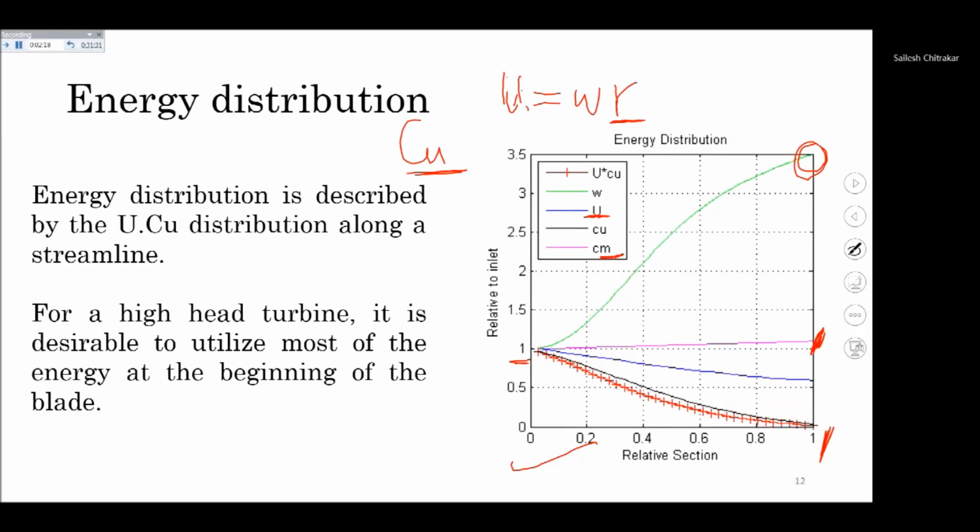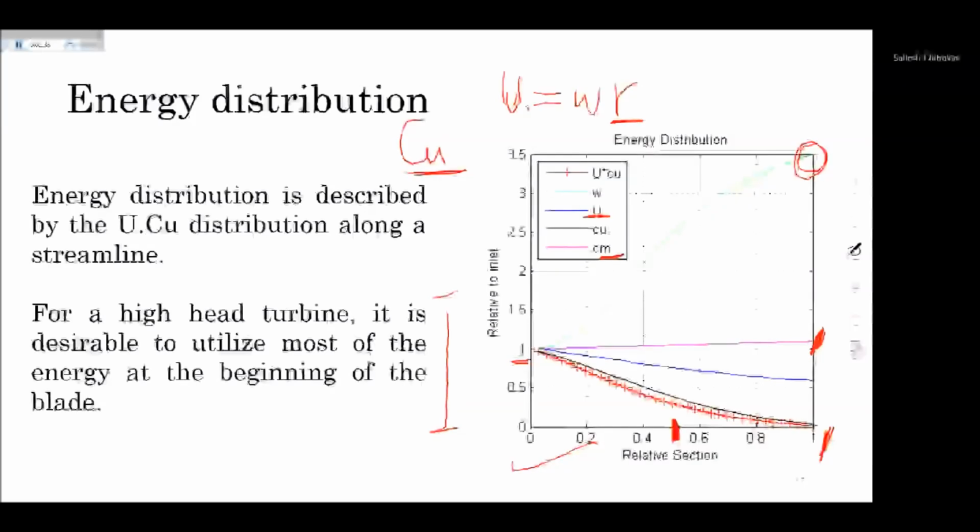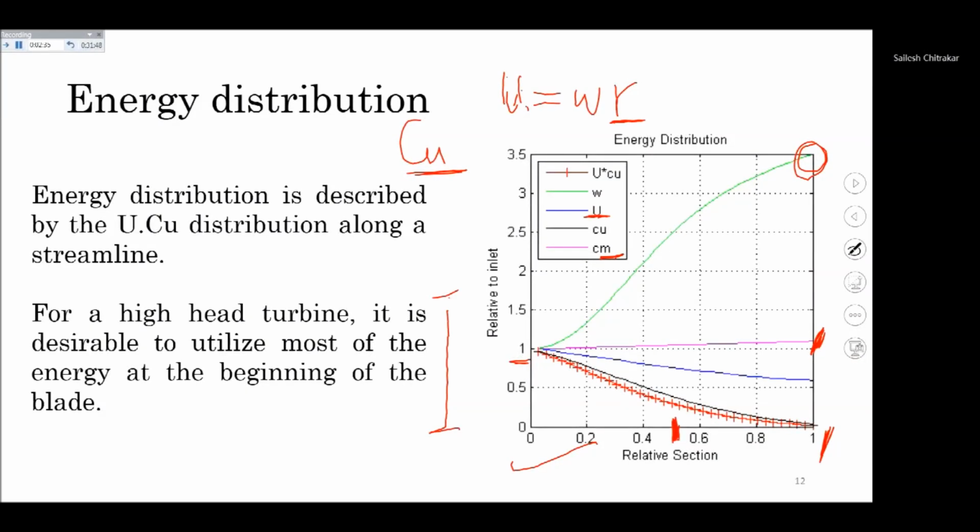And it is also written in this slide that for a high head turbine, it is desirable to utilize most of the energy at the beginning of the blade. So in this case, we can see that by the time the flow reaches about the center of the streamline, most of the energy has already been converted. So U times Cu is much less compared to what it was at the inlet.